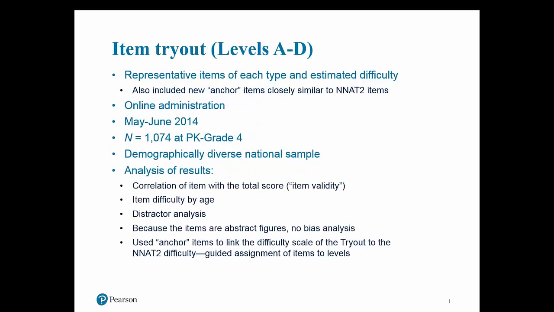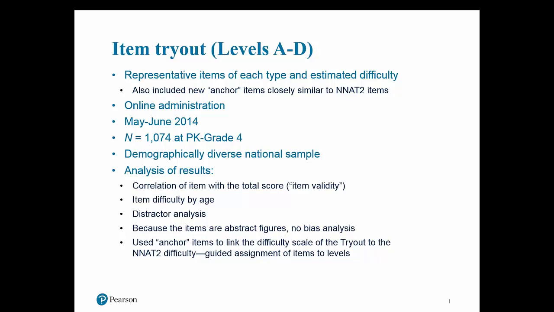Next, once the items had been reviewed, edited, and approximately assigned to difficulty levels, we conducted an item tryout. We used a representative sample of the new items in this tryout. This leveraged our understanding of items from the years of experience with the NNAT development.